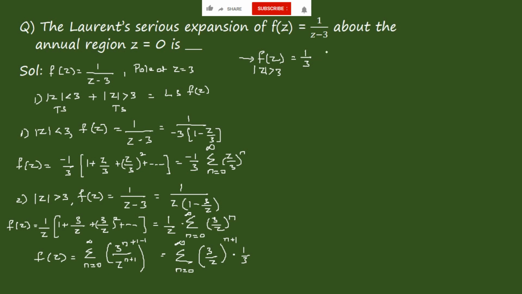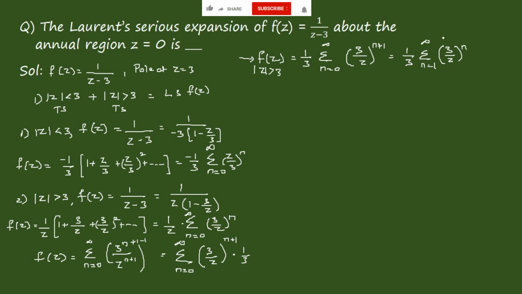Summation of n is equal to 0 to infinity (3 by z) whole power n plus 1. Right. So we can write this one as nothing but it is plus 1, so we can start from n is equal to 1. So it becomes 1 by 3 summation of n is equal to 1 to infinity (3 by z) whole power n.